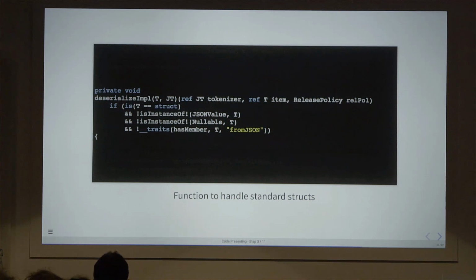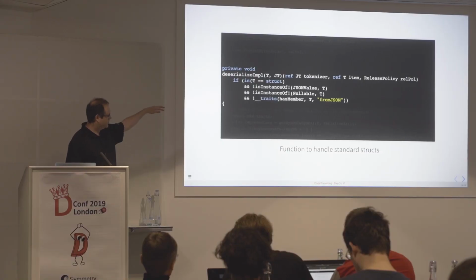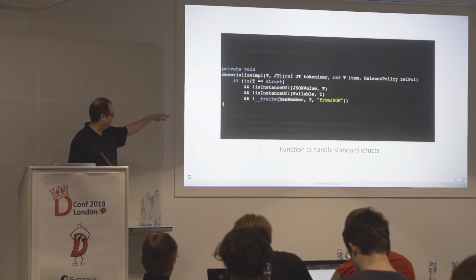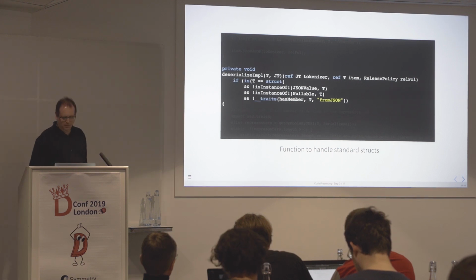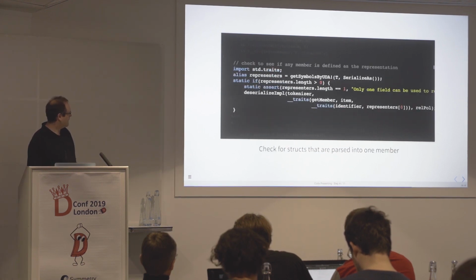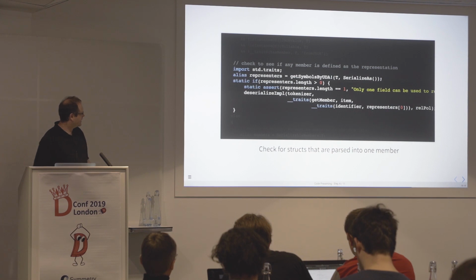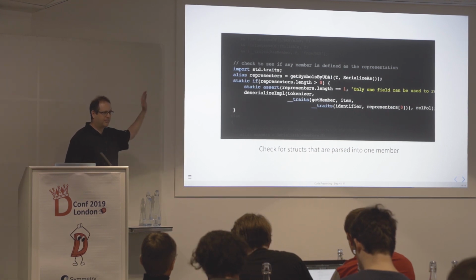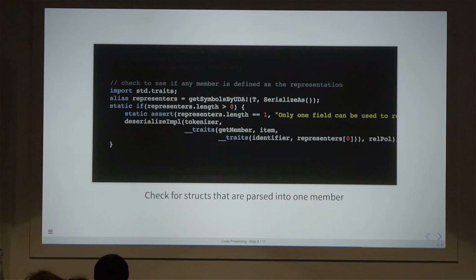Otherwise, these are some template constraints that allow me to do nullables differently, or JSONValue, which is like a DOM representation. So first we'll check to see, does it have a member that it's supposed to represent it? And if it does, then it's going to use that as the implementation.